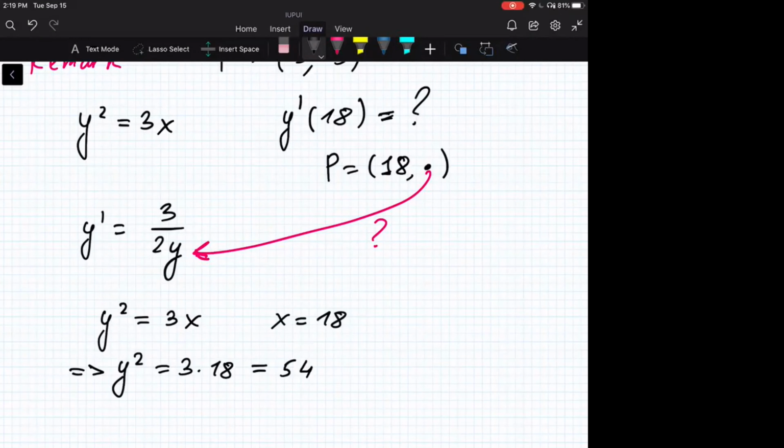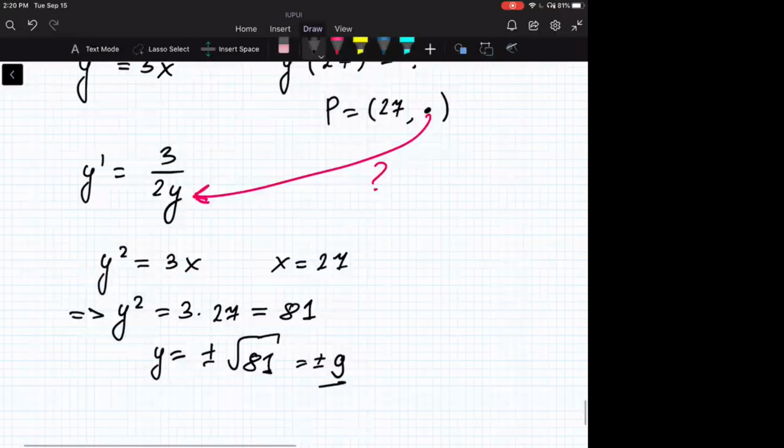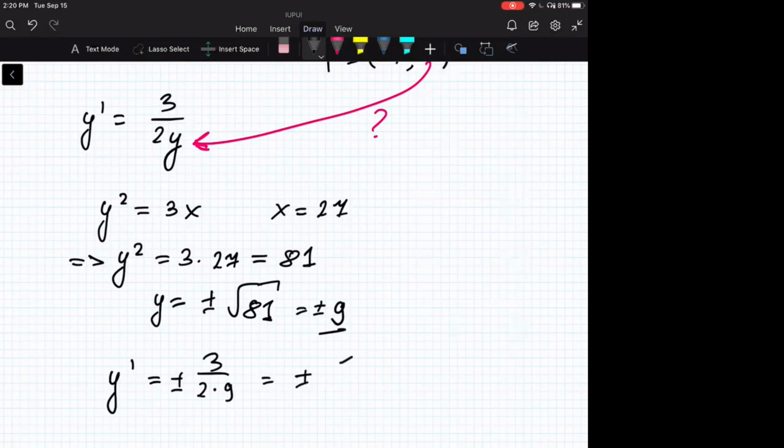Not 18, what I wanted, 27. Sorry. Let's do 27 for the nice answer. So you get 3 times 27, which is 81. So that means that y is equal to plus minus square root of 81, which is plus minus 9. And this is your y coordinate. Now you can calculate your slope. So your slope will be 3 over 2 times plus minus 9, which is plus minus 1 over 6.